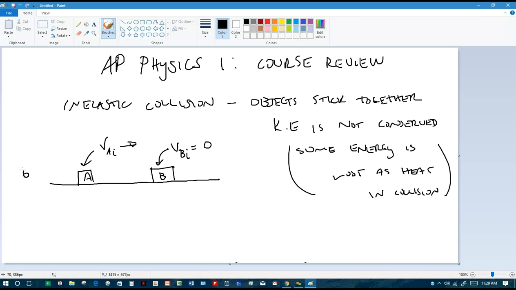This would be the before collision. And then after collision, they've stuck together, and they've both joined, and they're both moving afterwards with some final velocity and momentum. This would be after collision.